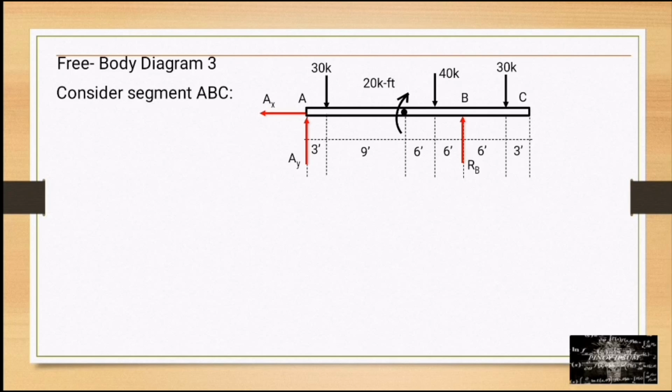Then sa point B, naka-roller, so we have RB. Then sa C, 13.333 kips. Then ang horizontal reaction, we have 30 kips. Okay? So, summation of forces along X is equal to 0. So, makukuha natin yung AX. So, AX is equal to 30 kips.